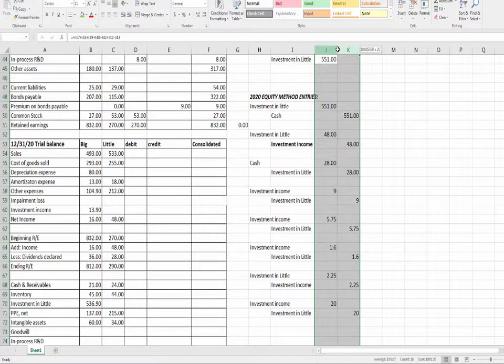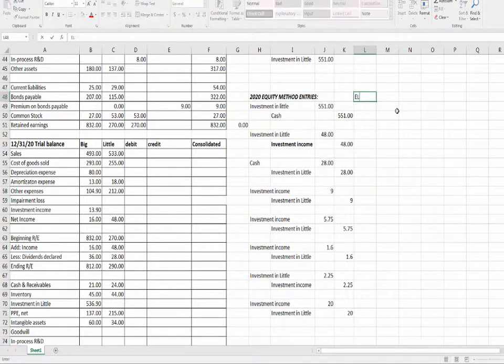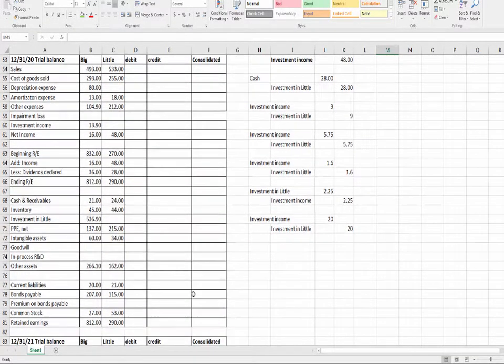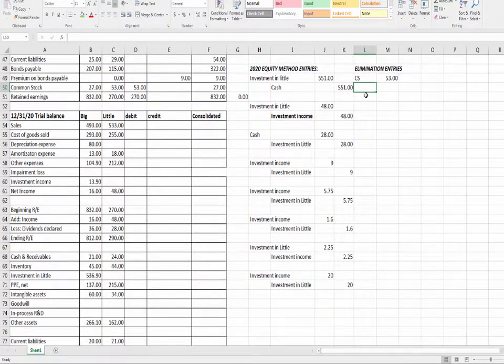Okay, now let's do our equity method entries, sorry, our elimination entries. And again, I'm going to put in big, bold, italic, elimination entries. First, for our S entry, we eliminate our beginning of year equity accounts. So again, just using my mouse, plus that cell right there, beginning of year retained earnings, plus that cell.